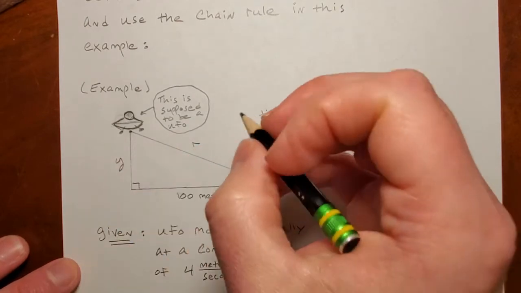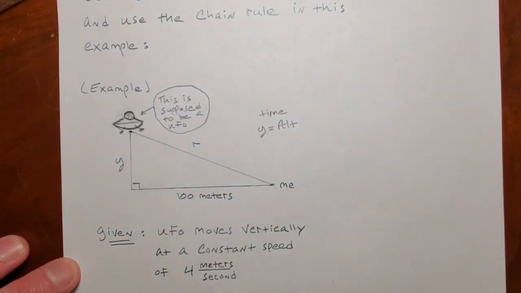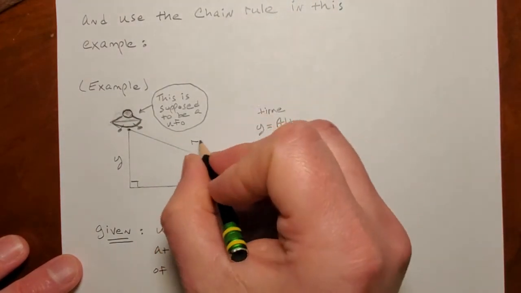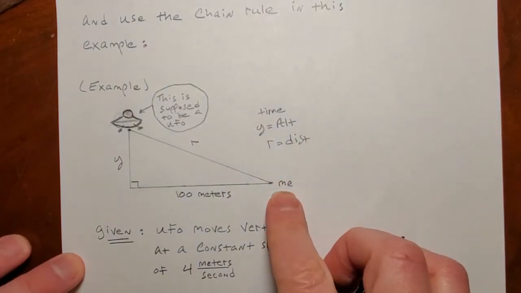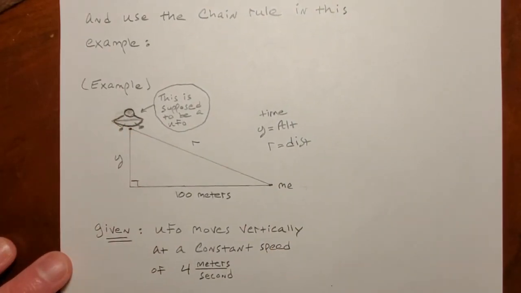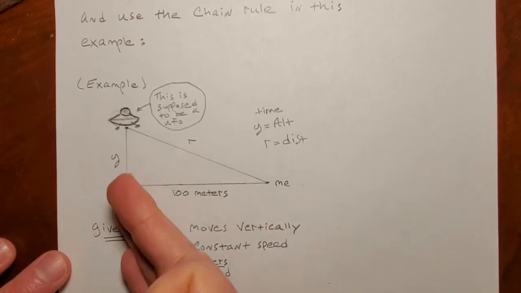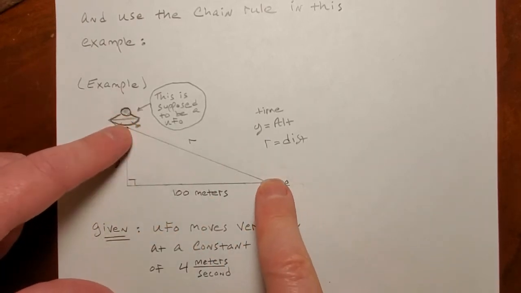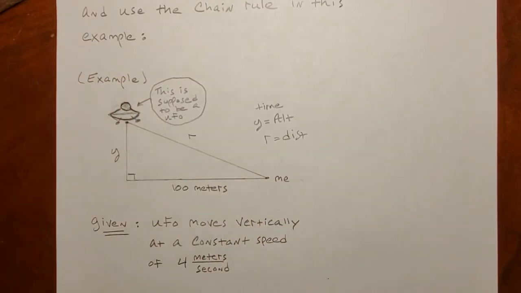There's also y, which we could say is the altitude. And then there's also r, which we could say is the distance from me to the object. So there's 3 variables: time, altitude, and I'll just say distance. So I think that's what makes it chain rule.